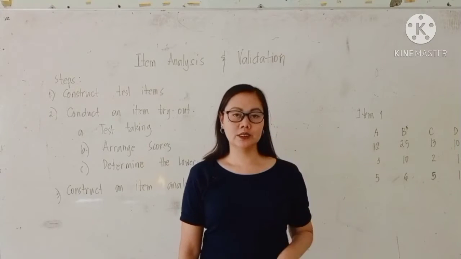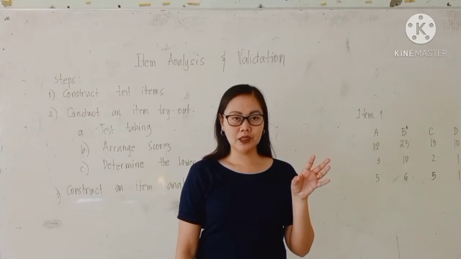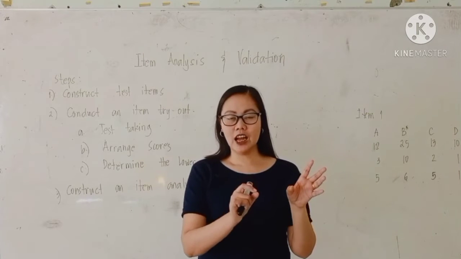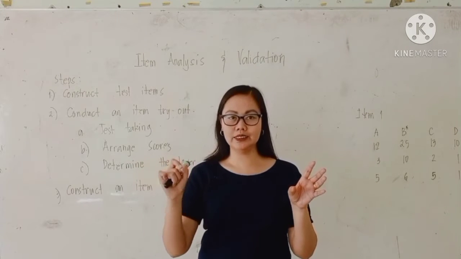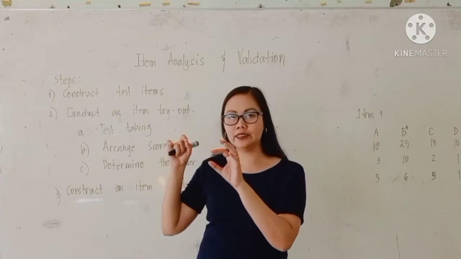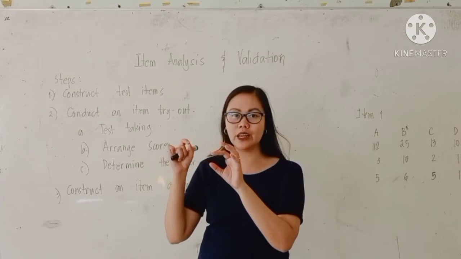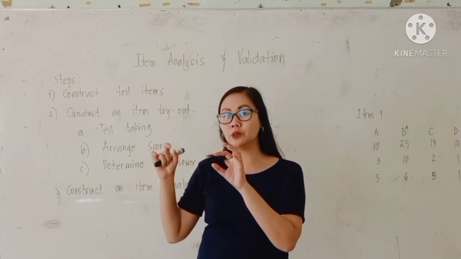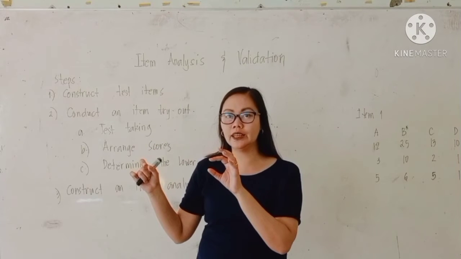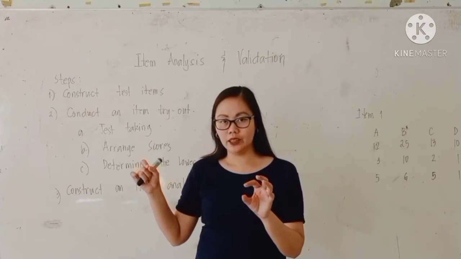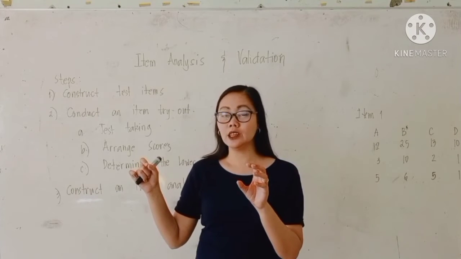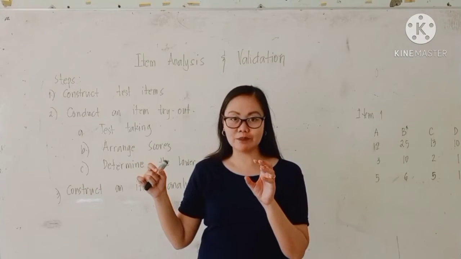How do you do that? For instance, in your topic A, which has an objective, identify nouns in a sentence, and the test type there is multiple choice. Now, the number of test items says that in objective A, which is identify the nouns in a sentence, should be 10 items.